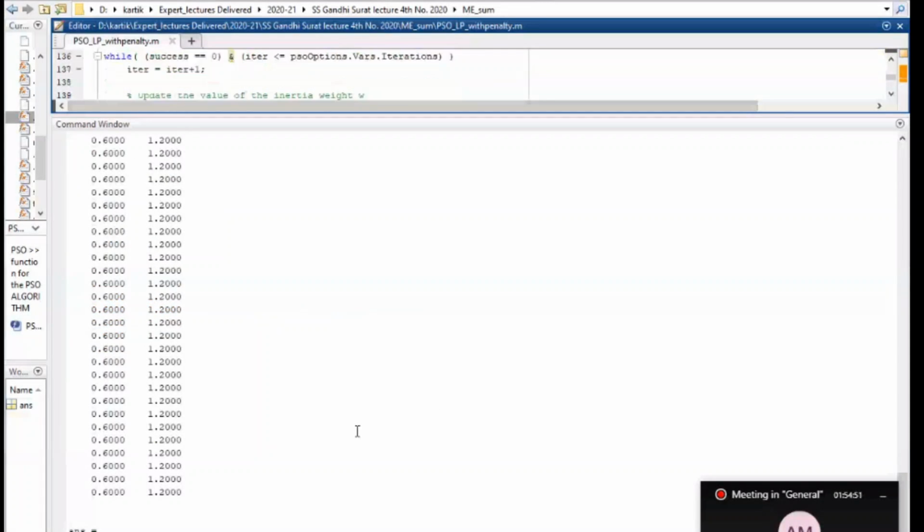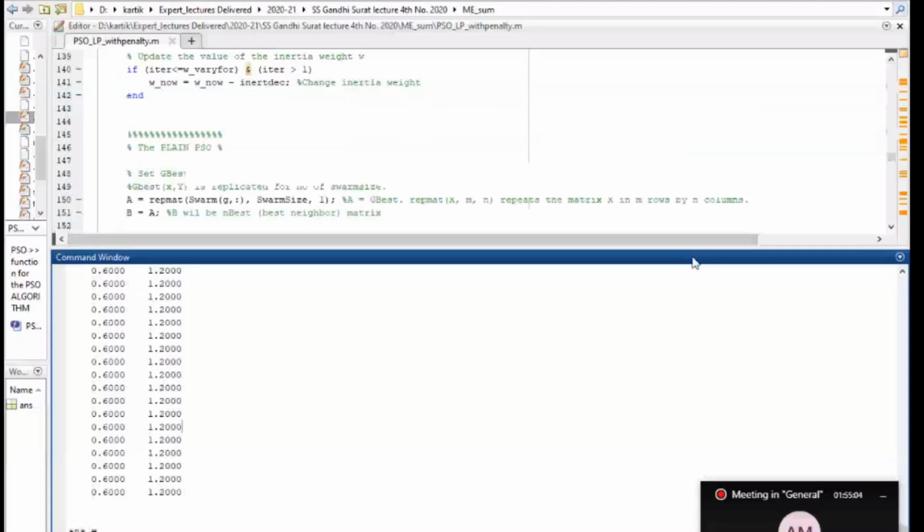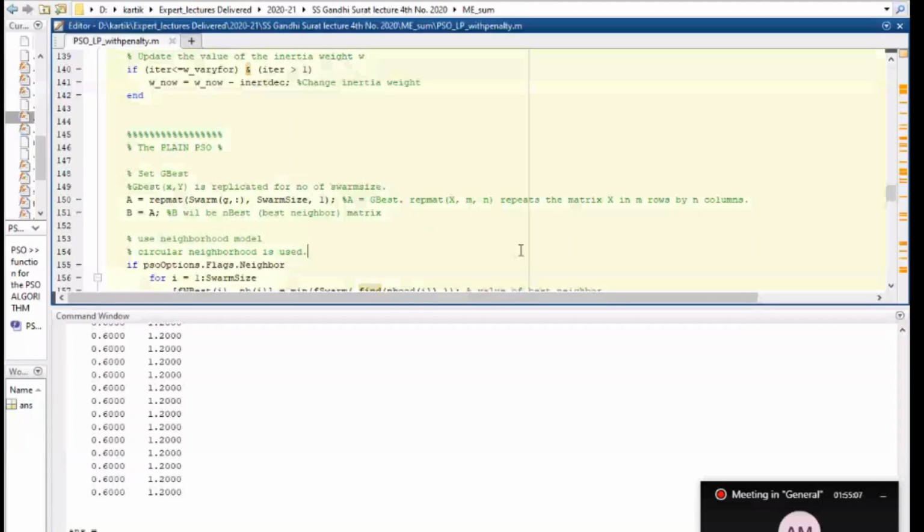This is the two variable problem, right? So this first column shows the values of x1, and this second column shows the value of x2, right? In this case, I have taken 100 particles. So these are the values of 100 particles, right?